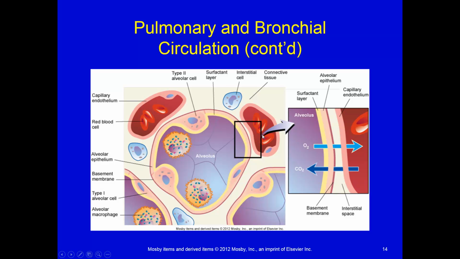And then vice versa. The blood that's carrying all of the waste product, the carbon dioxide, back to the lungs, the carbon dioxide goes from the blood into the alveolar sac to get expelled out, right? So you're having oxygen move through this thin membrane into the blood, and you're having carbon dioxide move from the blood into the alveolar sac to get exhaled.